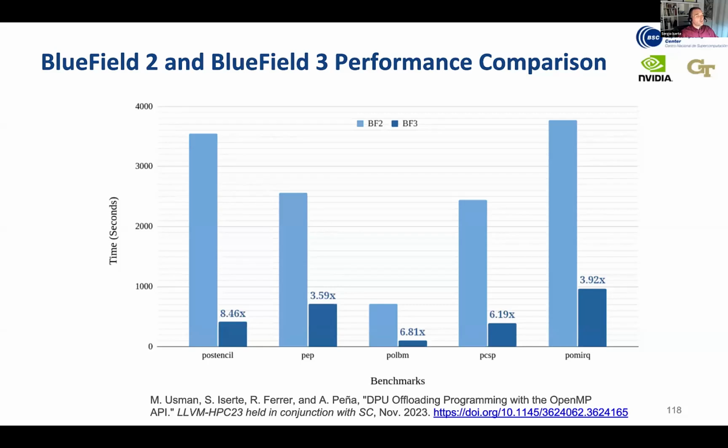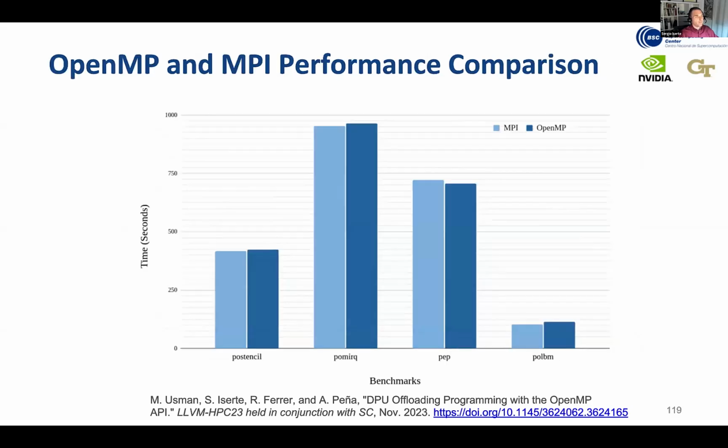In the first comparison, this is just a proof of concept. We compare Bluefield 2 and Bluefield 3, and as we could expect, Bluefield 3 performs faster. The speedup is higher, so nothing new here.